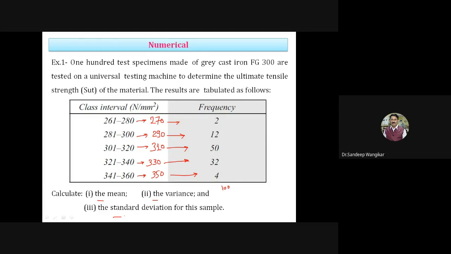Note down the values in the table so that you can substitute them in the further numerical.